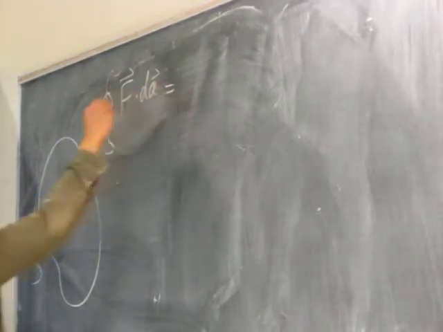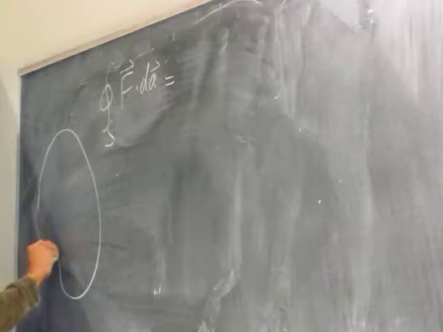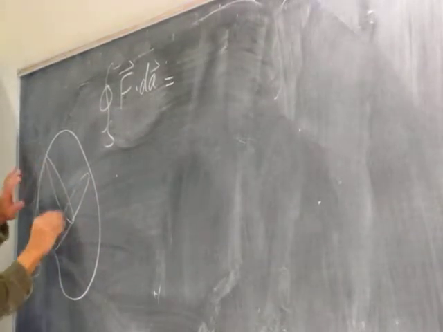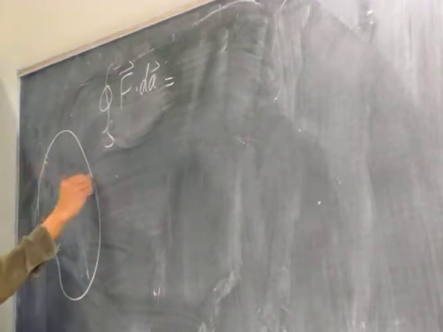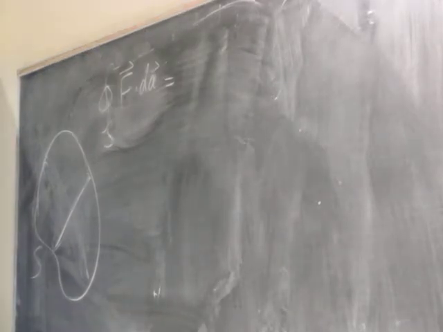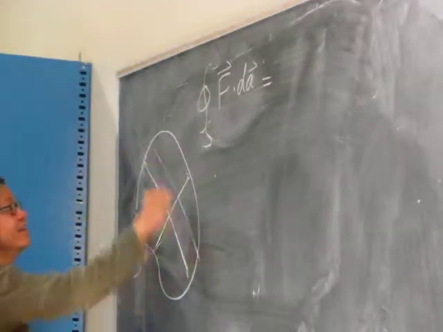Since this is a flux over the surface, I can partition it however I want. I can cut it in half, and in half again. I'm not very good at 3D drawing, but I can cut the surface in two at the volume, partition it in half, and in half again.